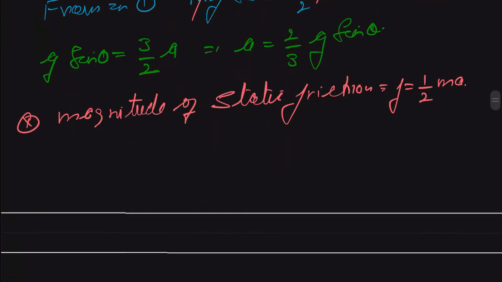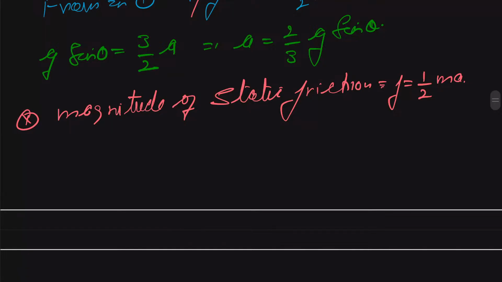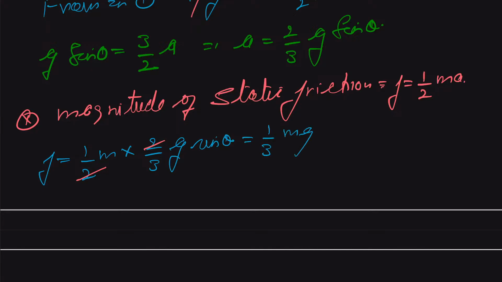So here we substitute the value of A, and we get F is equal to half m times 2 by 3 g sine of theta. 2 and 2 cancel out, so we get the friction is equal to 1 by 3 mg sine of theta. Okay.